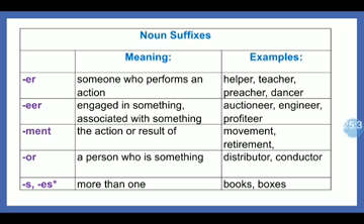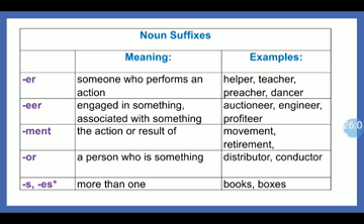Movement, the action of moving. Retirement, the action of retiring. So -ment means the action or result of.